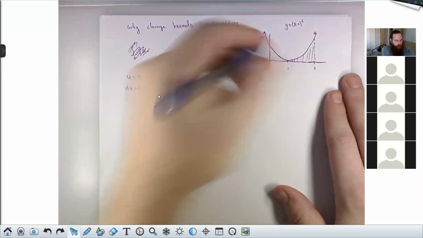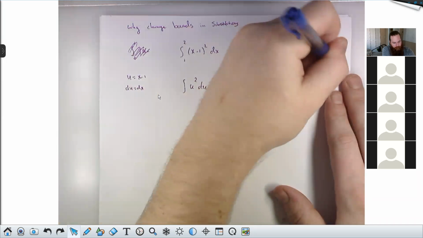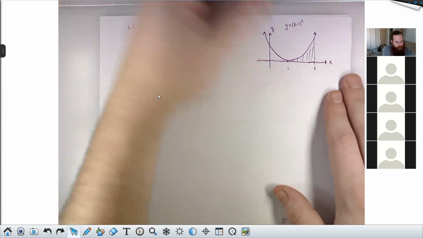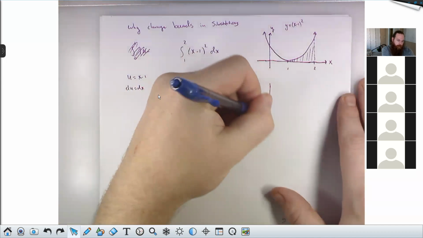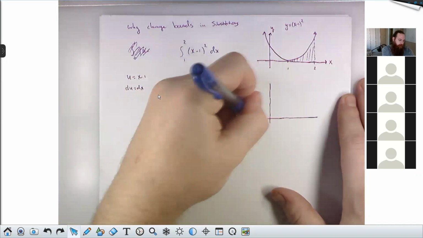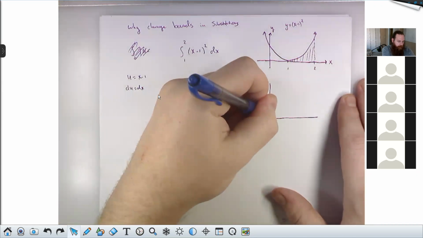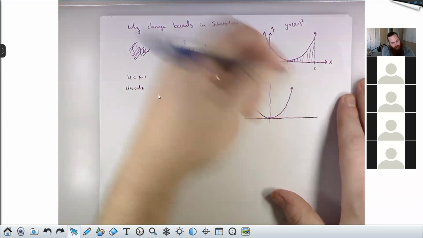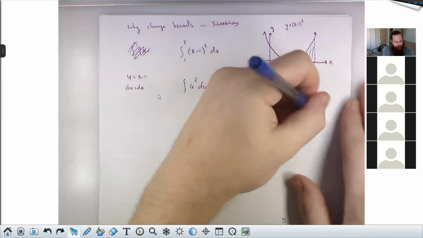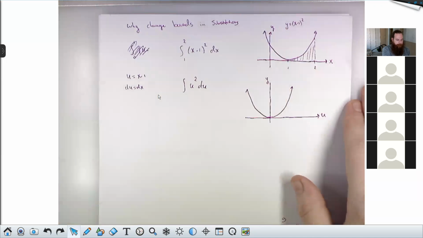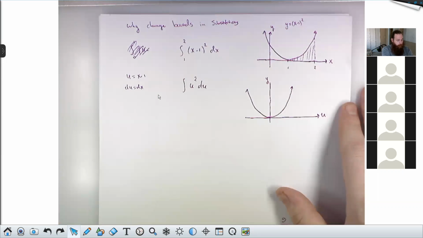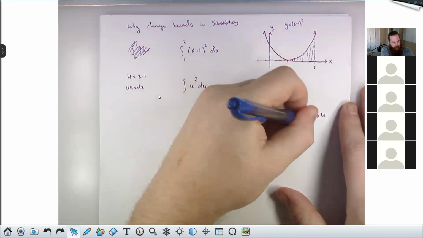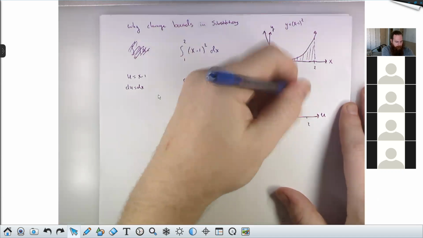But I integrate from where to where? So this is the x, y axis. What does u squared all on its own look like though? If I look on the uy axis, here's the graph y equals u squared. If I still went from 1 to 2, that would be like getting stuff over here, right?